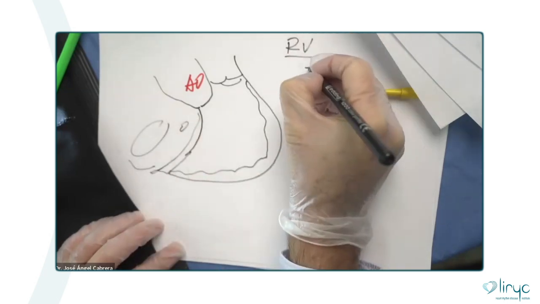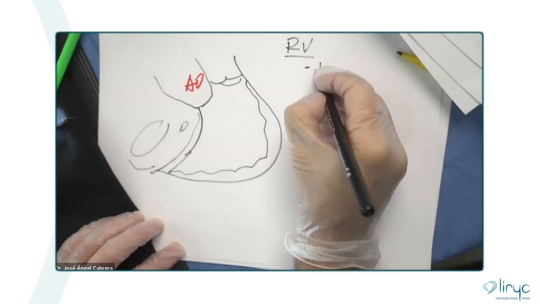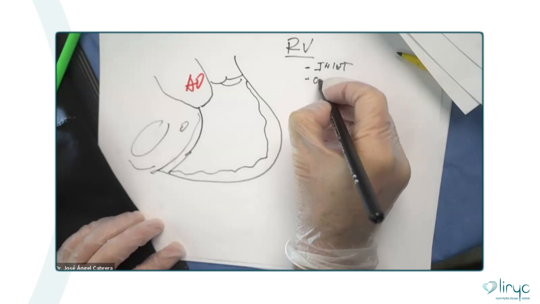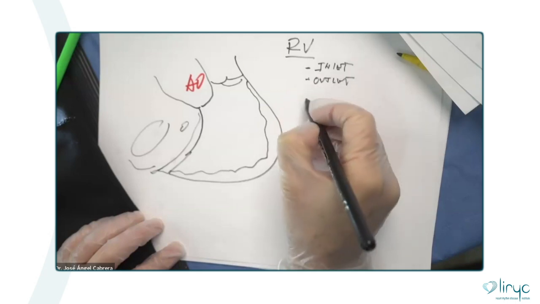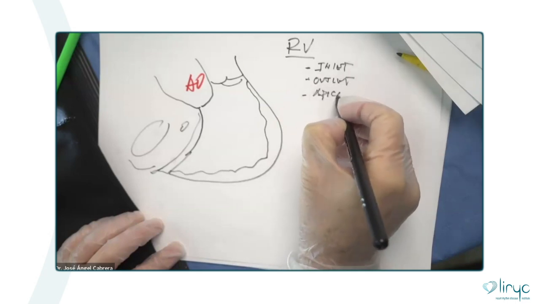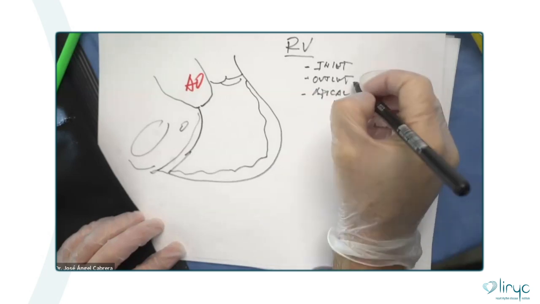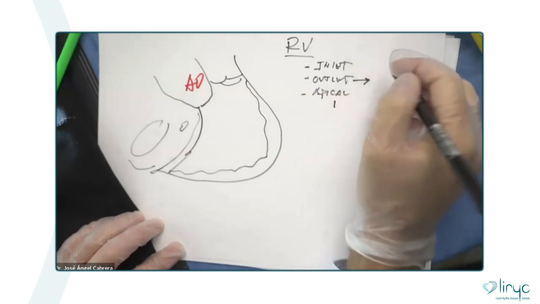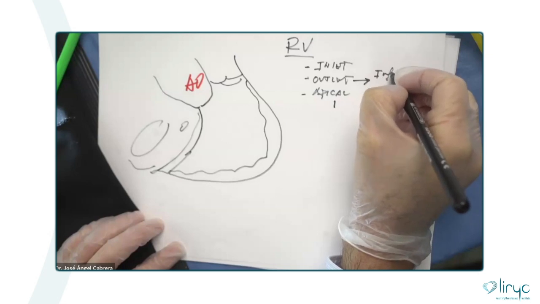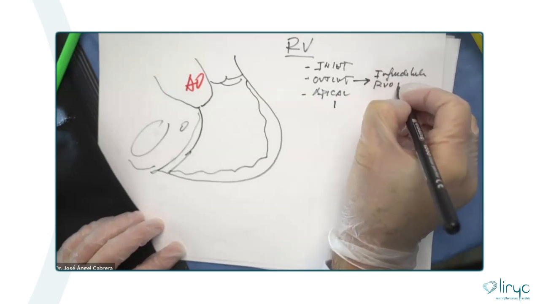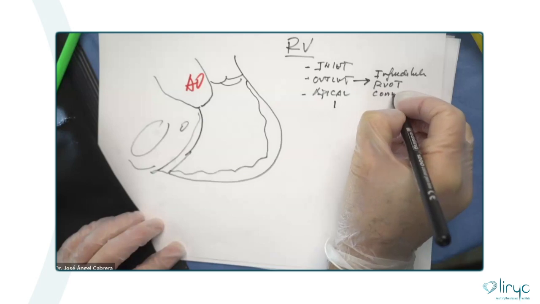The right ventricle, three components: inlet, outlet, apical component. For the outlet, we use the term infundibulum, right ventricle outflow tract or conus.